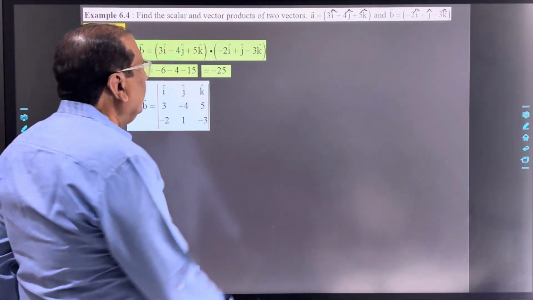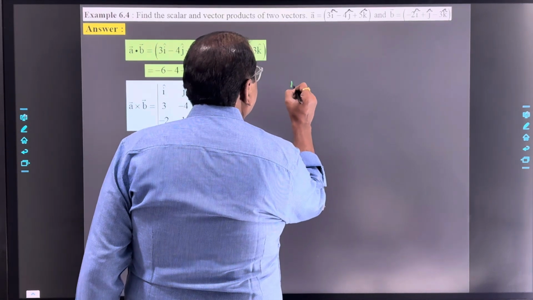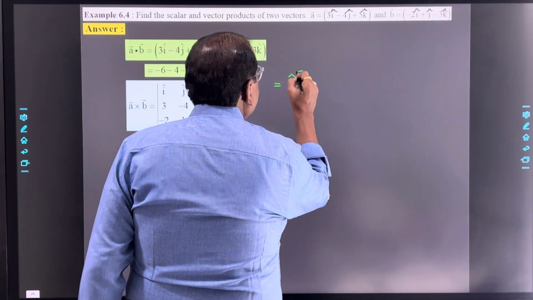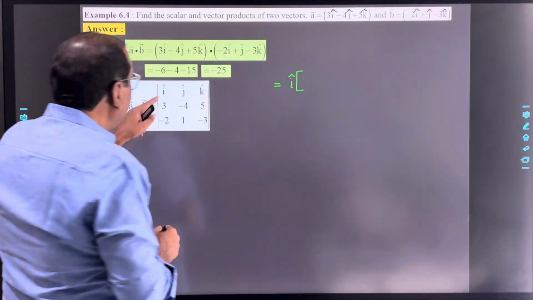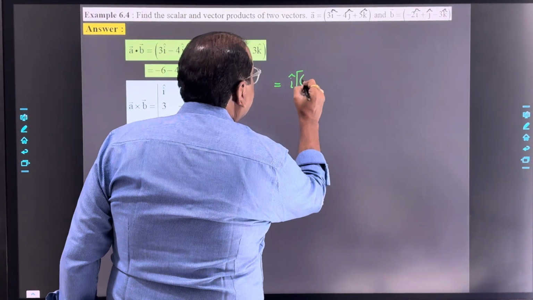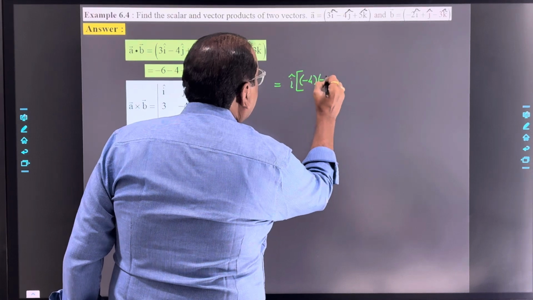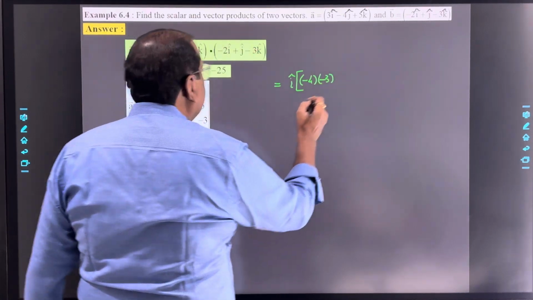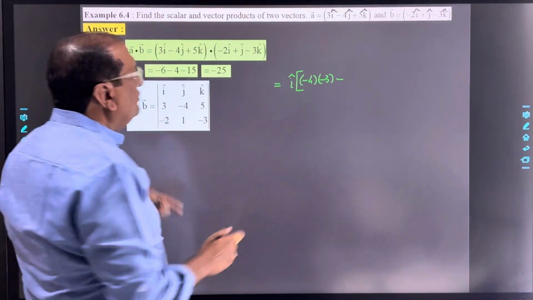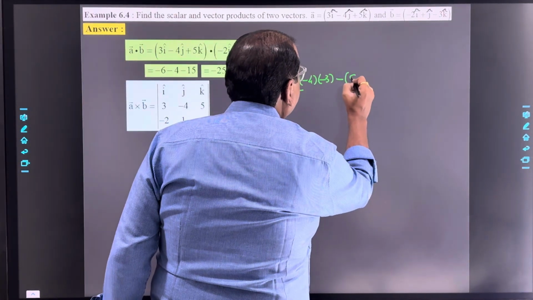So first we take i caret into minus 4 into minus 3 minus 5 into 1.